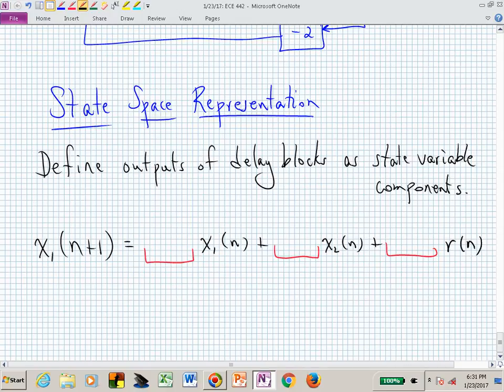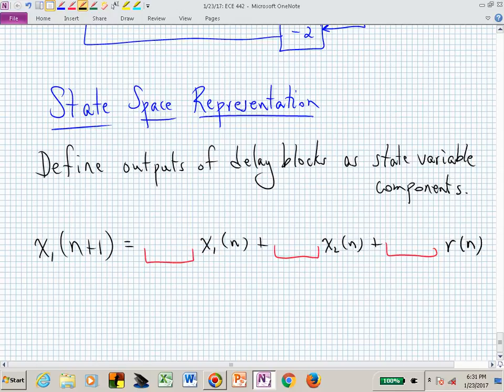And we want to fill in these blanks. It can't be a function of some advanced or delayed version of our state variables. They have to be x1 of n, x2 of n, x3 of n, x4 of n, and r of n.